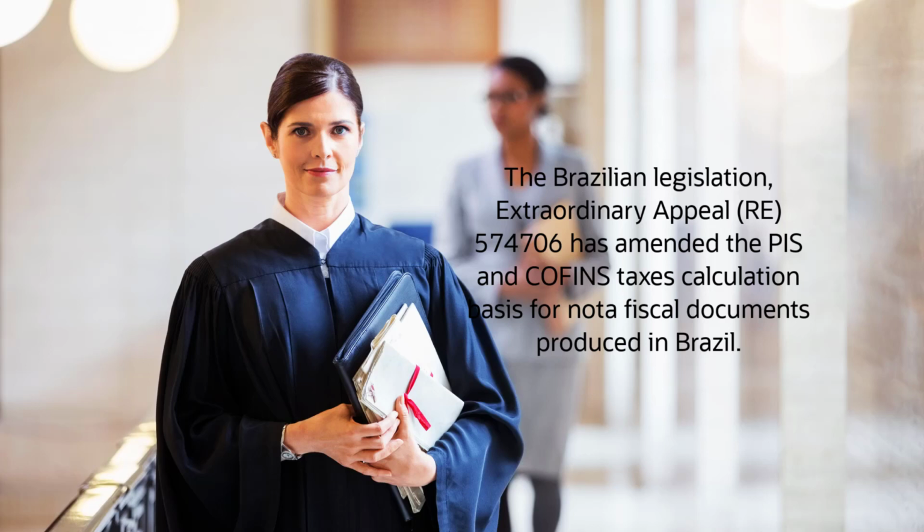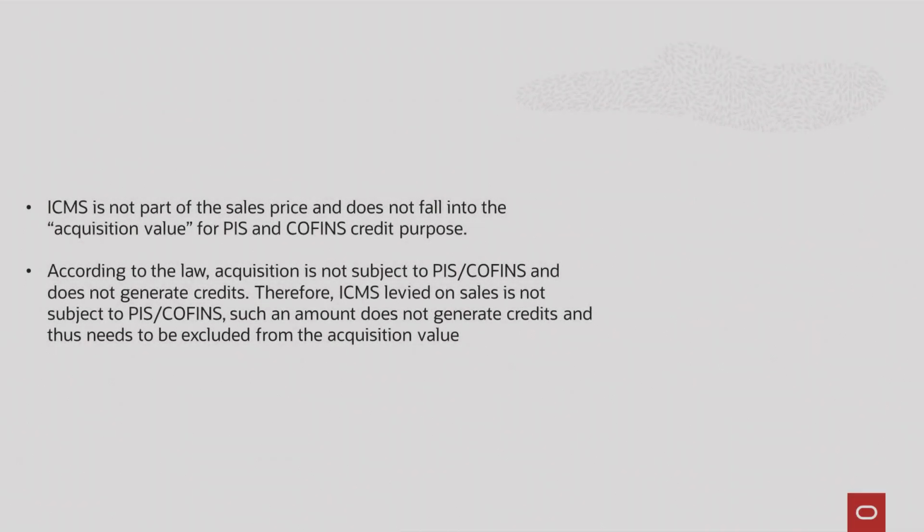J.D. Edwards Enterprise 1 Brazil Localization now supports the amendment of the new calculation basis for PIS and COFINS taxes, which excludes the ICMS tax. ICMS is not part of the sales price and does not fall into the acquisition value for PIS and COFINS credit purpose.